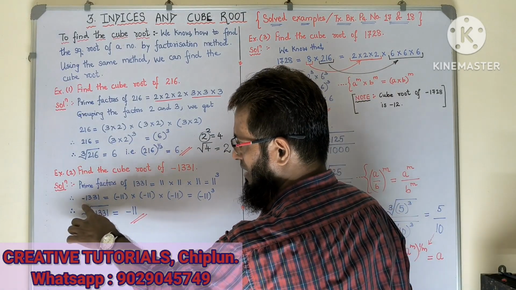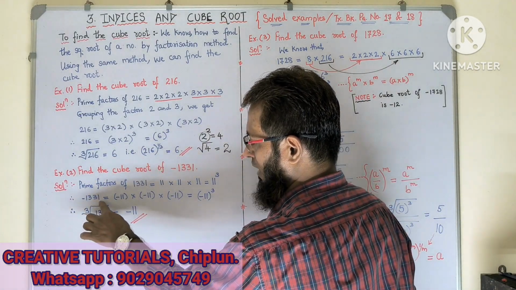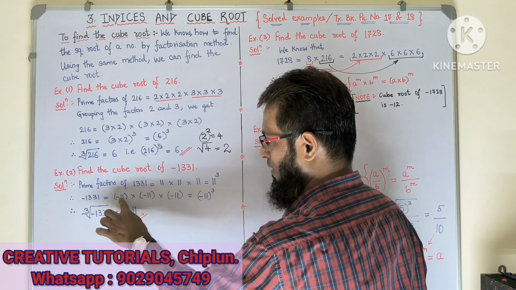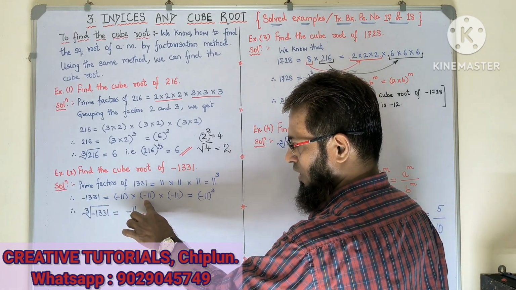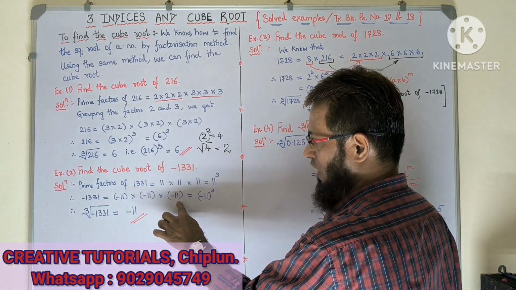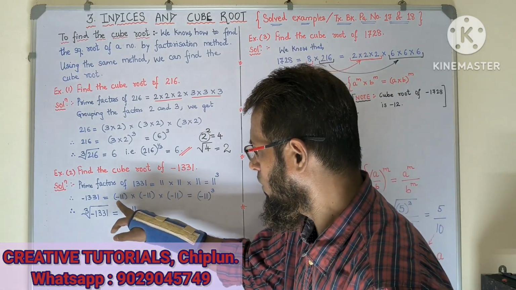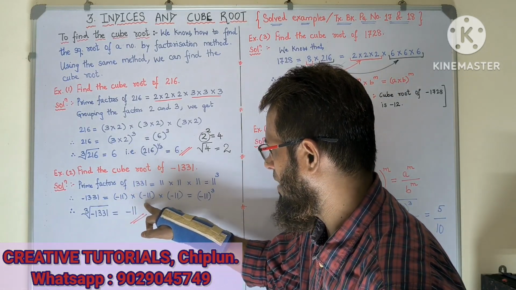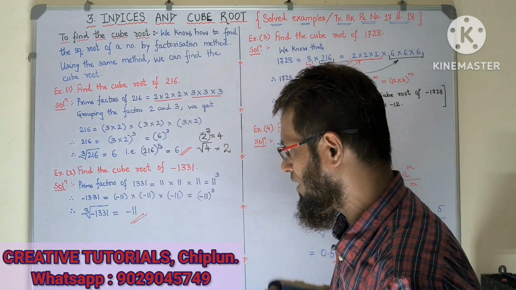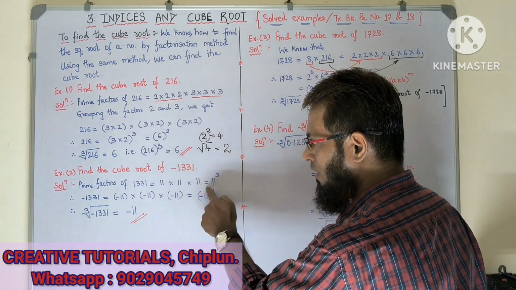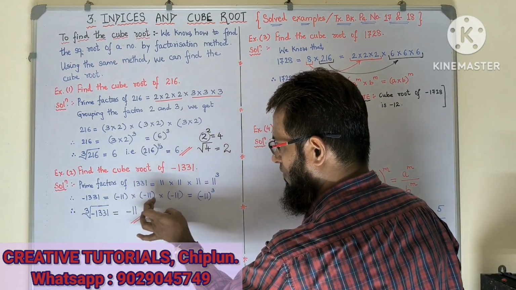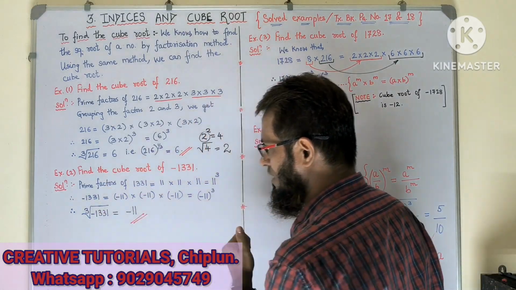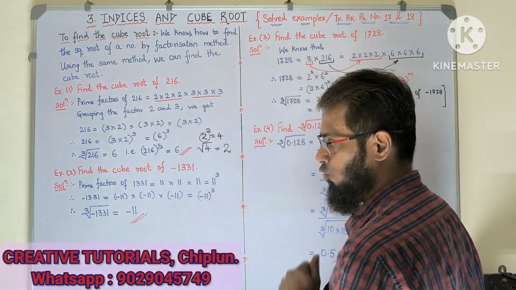So when we write this, minus 1331 is equal to minus of 11 multiplied by minus of 11 multiplied by minus of 11. Now this minus 11 has come thrice, because we can see from here, and since it's appearing 3 times, we can write minus 11 cube.